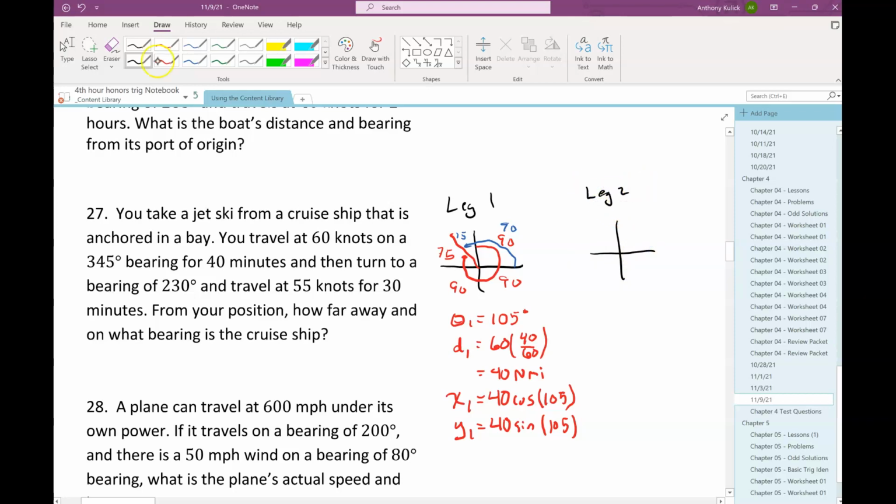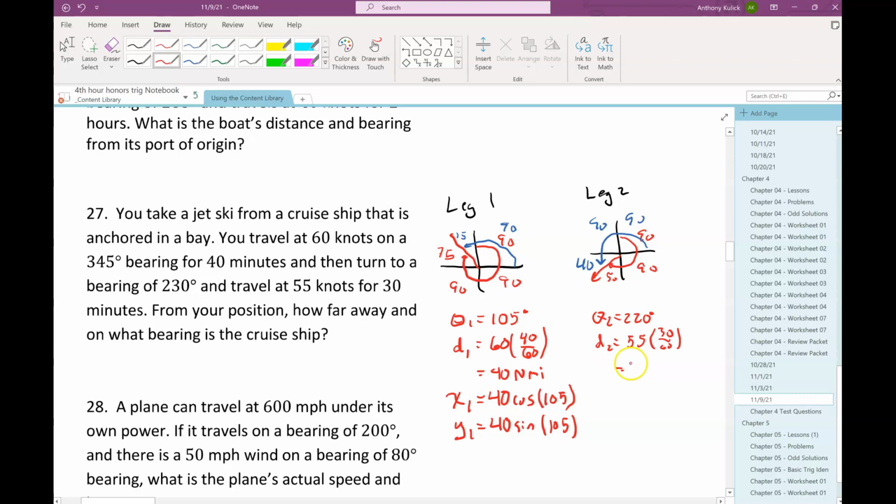Do the same thing for the other one, bearing of 230. So we're over here. So 90, 180, and then 50 more gets me to 230. So in standard position, that's 90, 90, and 40, so 220. And my distance there is 55 knots times 30 over 60.